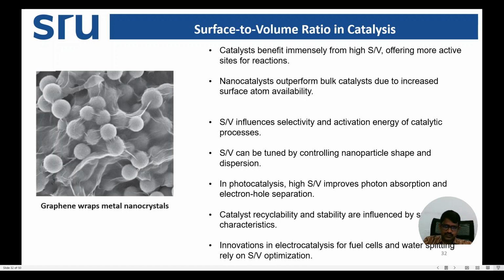Okay, surface to volume ratio in catalysis. Now we will see how this surface to volume ratio affects different properties. In this slide we will discuss the surface to volume ratio effect in catalysis. If you see this image, it is a nanocomposite.